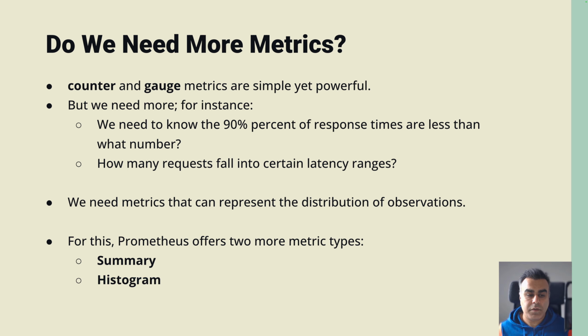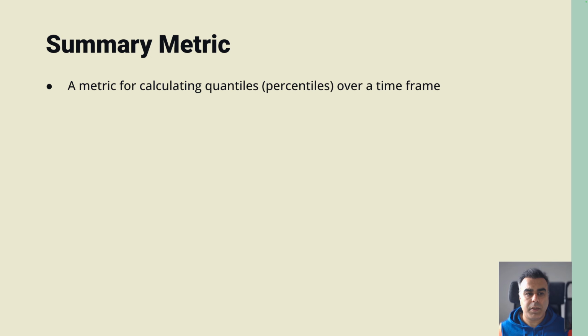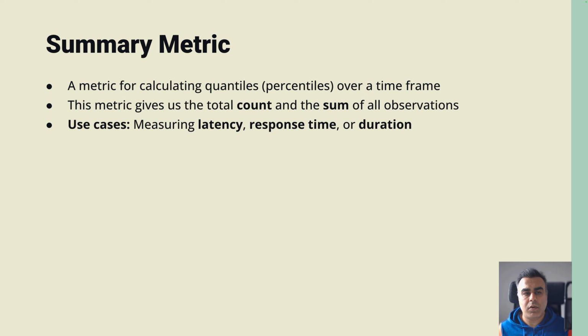Let's talk about the first metric, which is summary. The summary metric is a metric for calculating quantiles over a time frame, a metric that gives us the count and sum of all of the observations. A great use case for such a metric is latency, response time, or duration. Suppose that we have configured our Prometheus server to collect a metric from our service every 2 minutes.